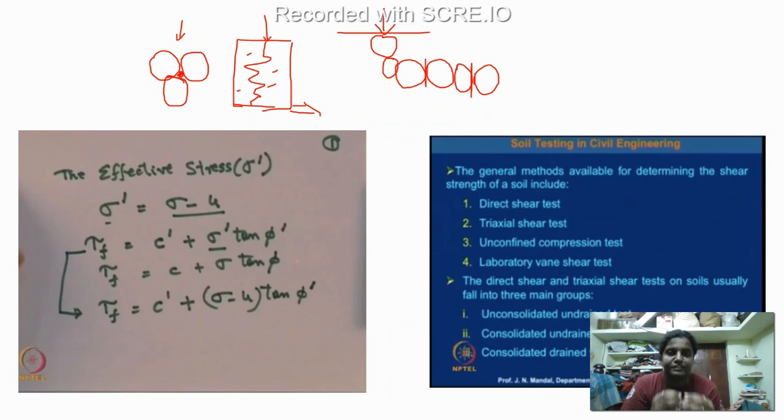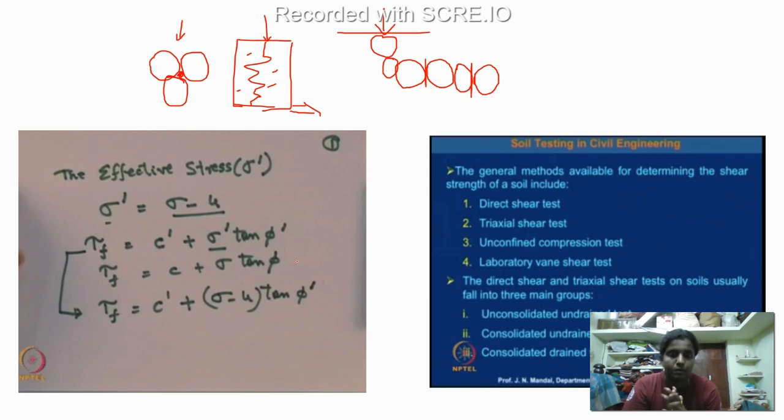For a soil that has water inside, if you are loading it, pore water pressure will build up, so the strength of the soil in that condition will be very less. The same soil, when you are providing drainage and loading it, the strength will obviously be very high compared to the previous case. That's why we always worry about water being drained out from the soil.